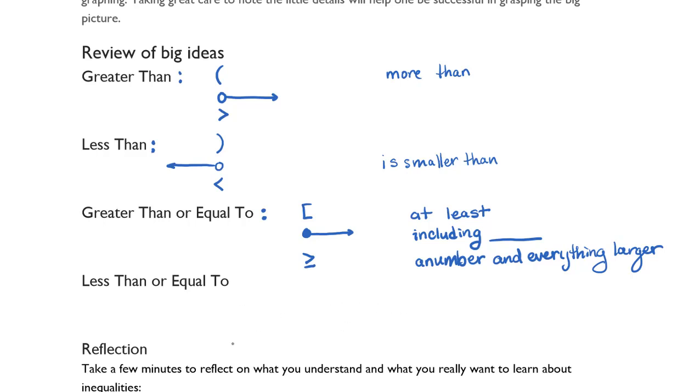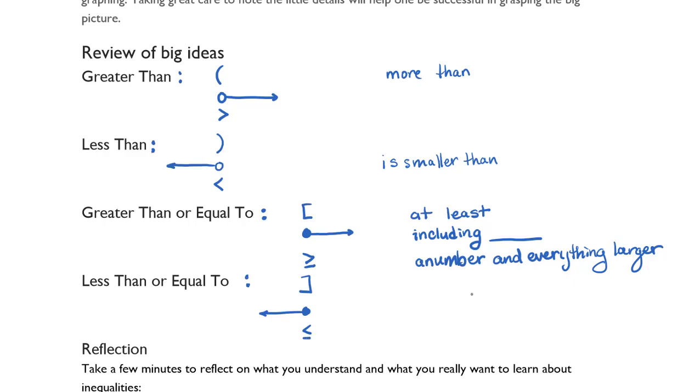Less than or equal to is similar. We have a closed bracket, a closed dot with an arrow to the left, and an inequality symbol with a bar under it pointing to the left.